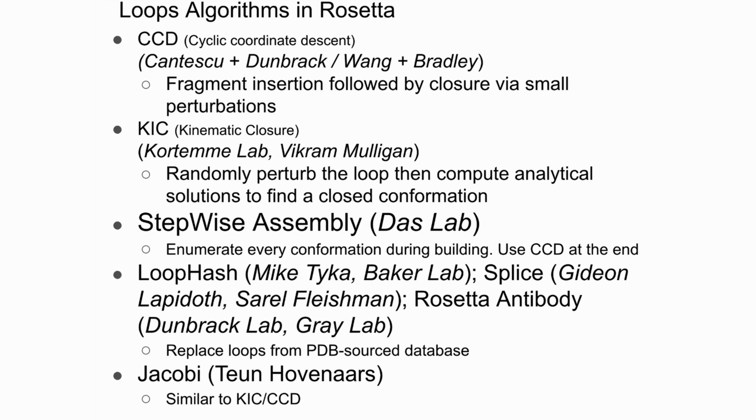Other ones include stepwise assembly, which enumerates every conformation during the building and then uses cyclic coordinate descent at the end. And then loop hash, splice, and Rosetta antibody, which instead replace loops from the PDB source database, so this is more like a knowledge base loop closure. And then Jacobi, which is similar to KIC and CCD.